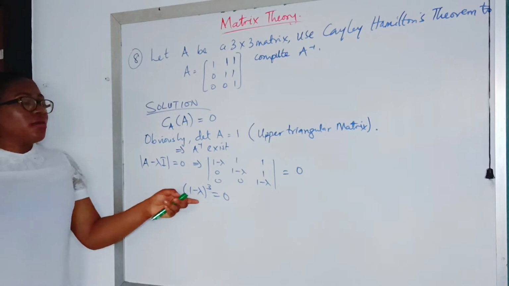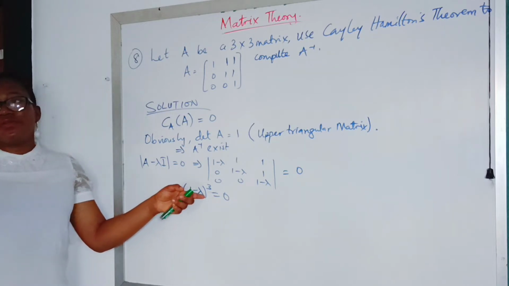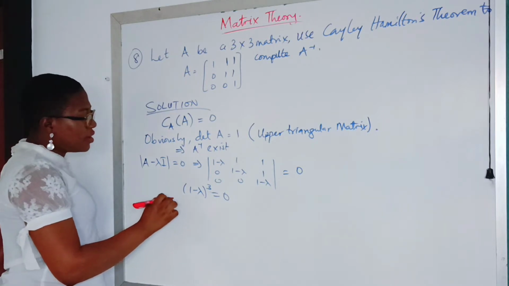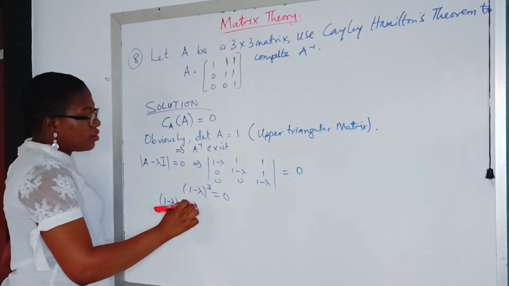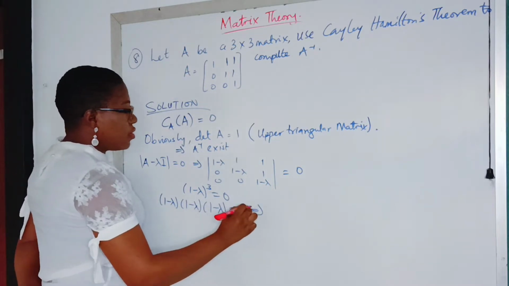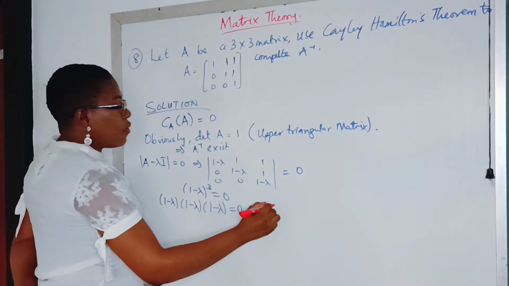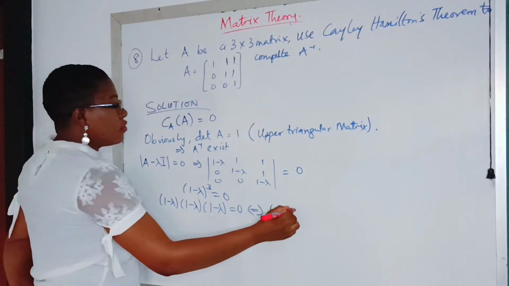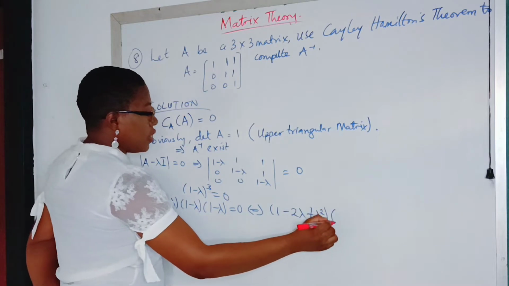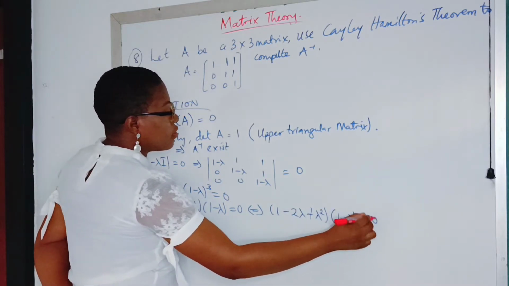But if I want the characteristic polynomial, I'm not supposed to leave it like this. I should open it up. So opening it up, I have 1 minus lambda, 1 minus lambda, 1 minus lambda equal to 0. It means that 1 minus 2 lambda plus lambda squared, times 1 minus lambda, is equal to 0.